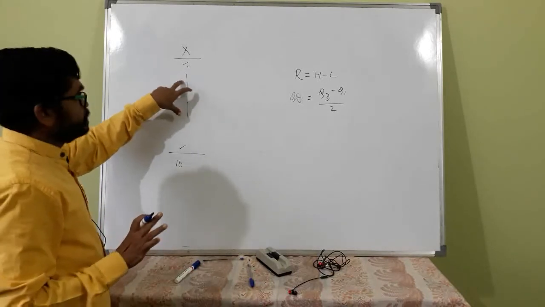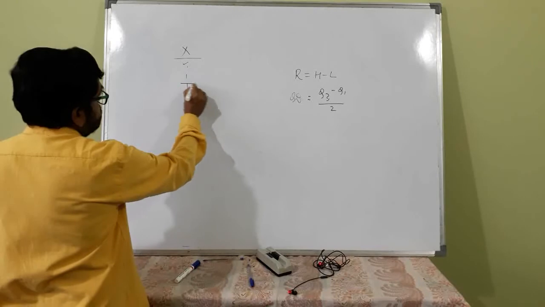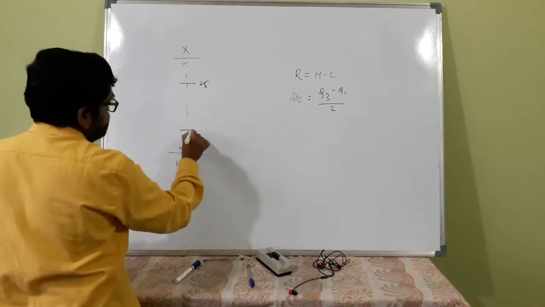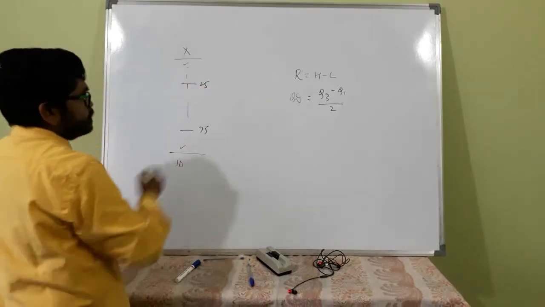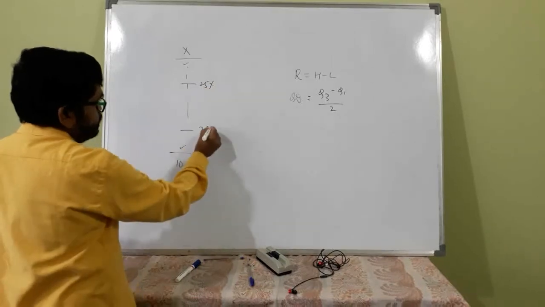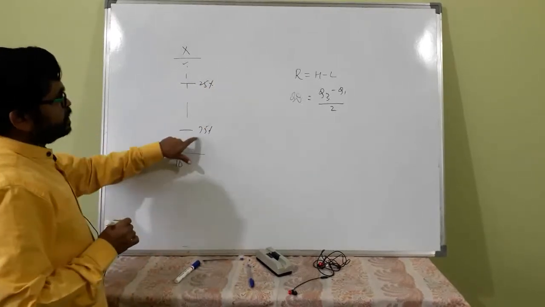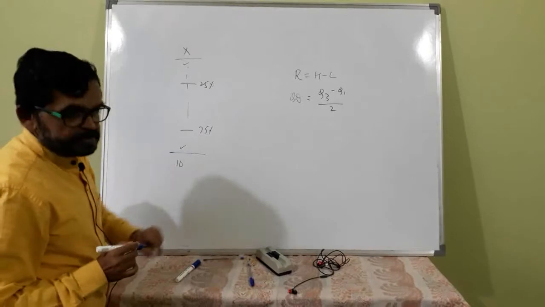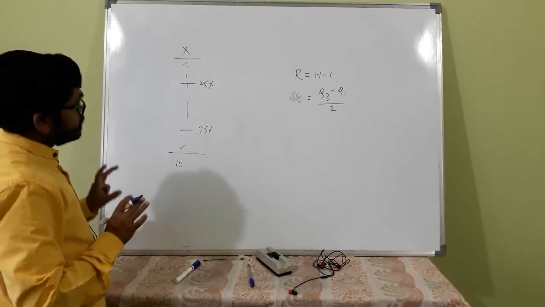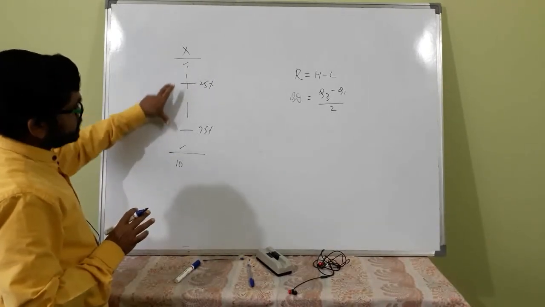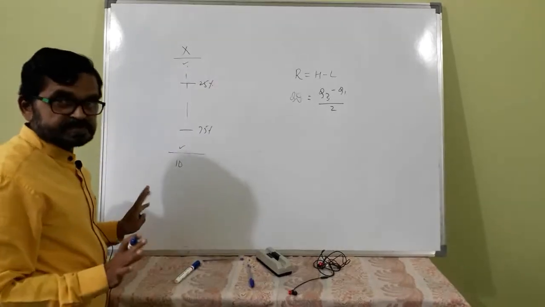You got it? So we consider only the 25th value and the 75th percentile value. Q3 minus Q1 divided by 2. So here also we are not at all considering 50% of the observations.